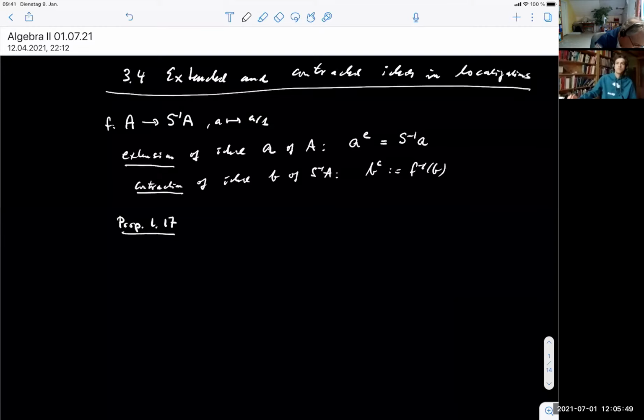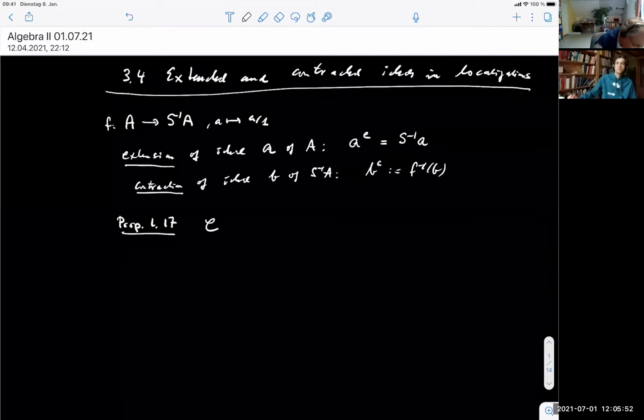Let's say C is the set of contracted ideals of A, those ideals that you can obtain by a contraction, and E is the set of extended ideals.